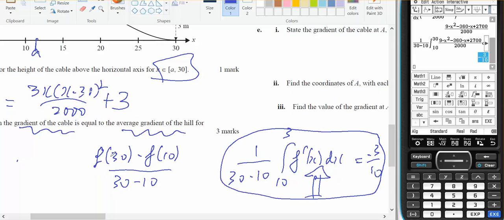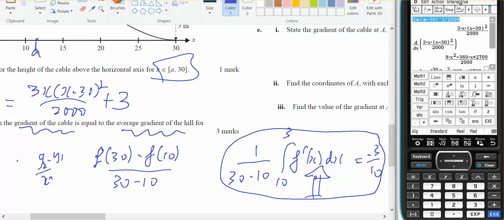That's using the average value rule of the gradient. I could do average gradient as being y2 minus y1 over x2 minus x1, and if I come up to the function, how about I define that?